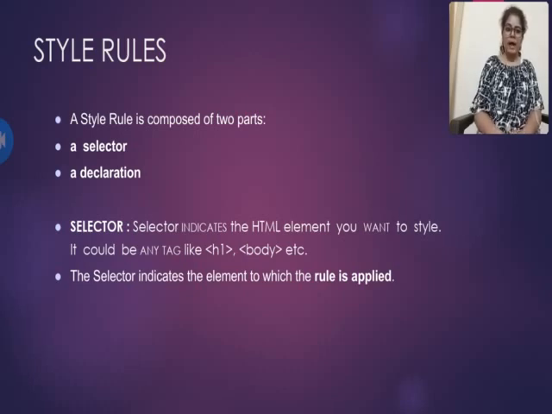H1 is the heading tag, so we can apply any type of style on the heading tag. If we have to apply any style on the heading tag, we have to use H1 as a selector. You can also apply style on the body tag.